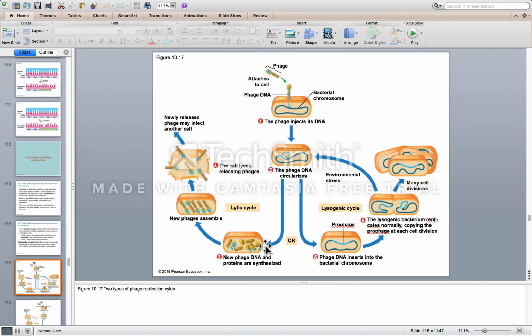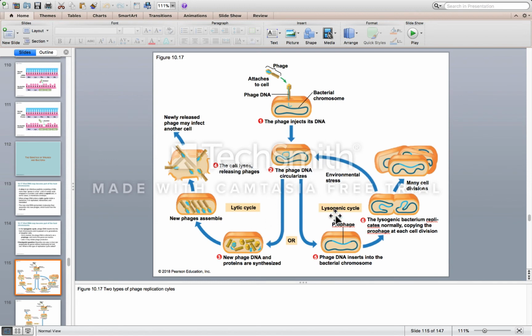So in the lytic cycle, you get new phage DNA and new proteins are assembled, and you got this lysis where it breaks open that bacterial cell and releases all those baby virions. If it goes through the lysogenic cycle, what happens is the phage inserts itself. Remember I told you here, it just takes it over and kills everything?